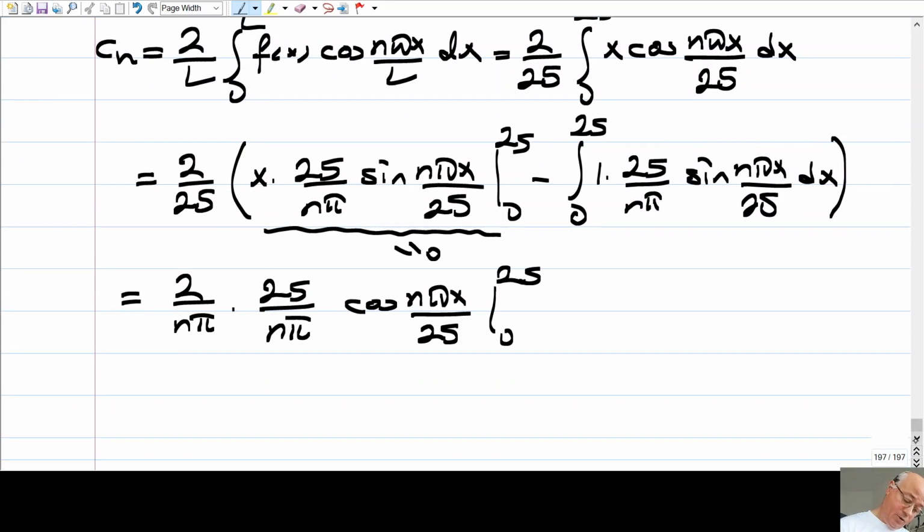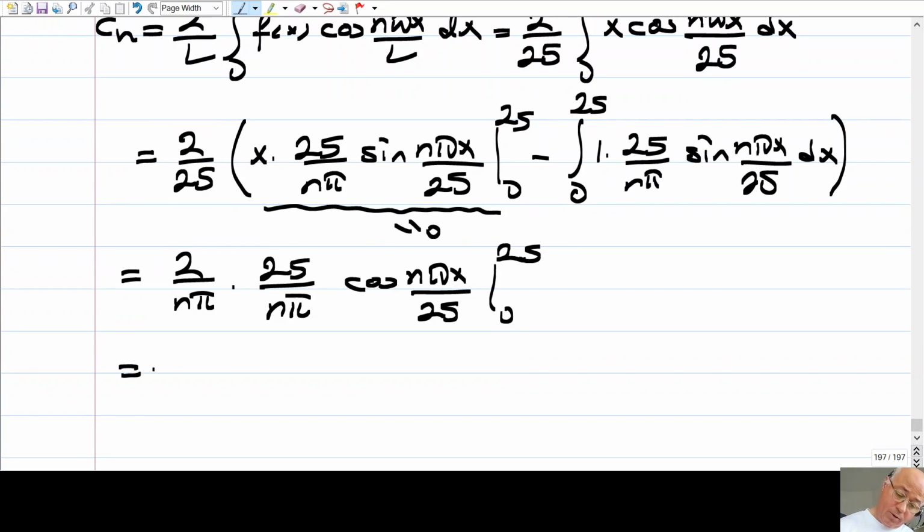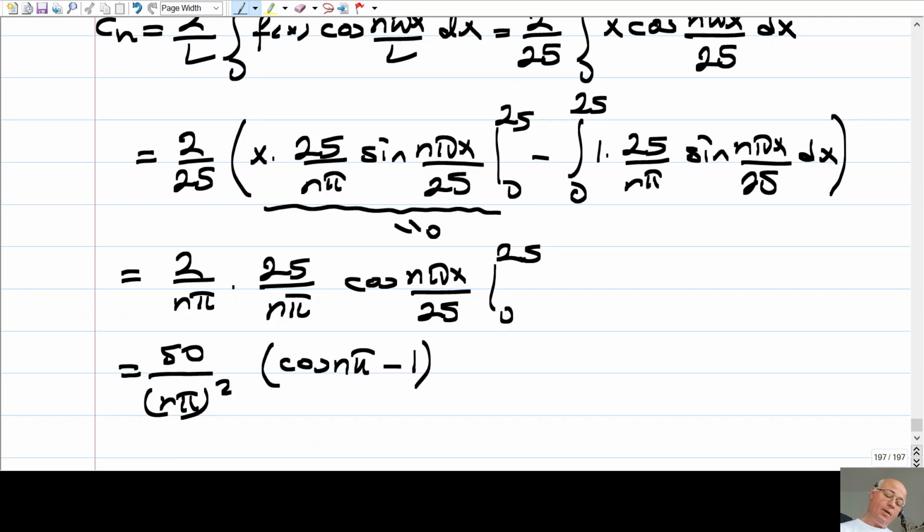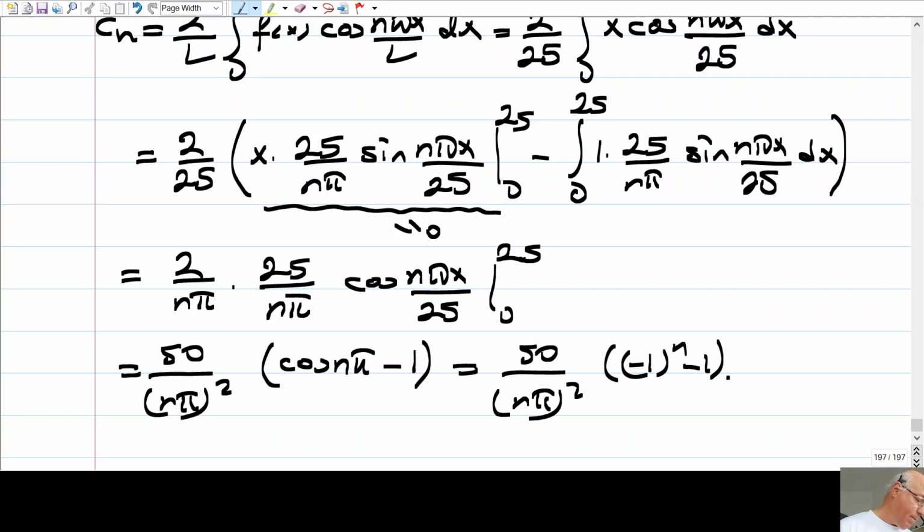So this gives us 50 over n pi squared, and when I plug in 25, you get cosine n pi minus 1. So this is just 50 over n pi squared times (minus 1 to the power n, minus 1).